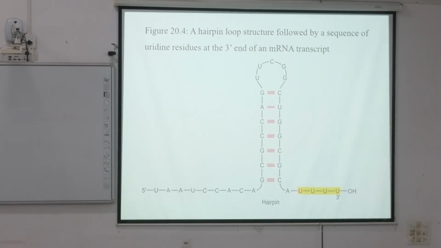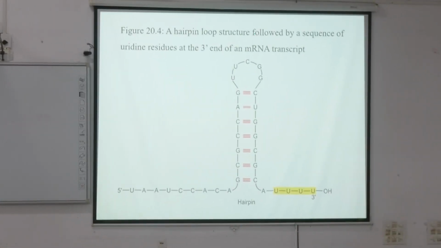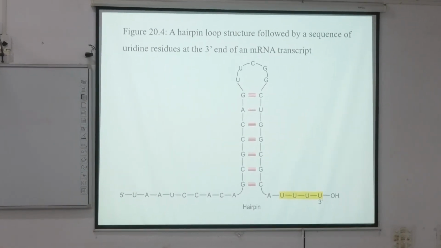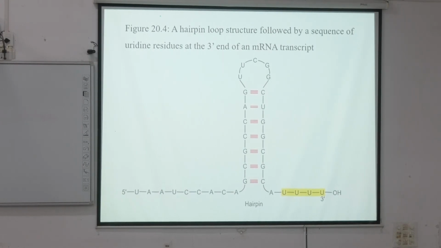This kind of structure is generally formed by RNA molecules, and this structure is terminated in the last step of this transcription process by the GC pairing. Okay? So this is called the rho dependent termination process. Okay?